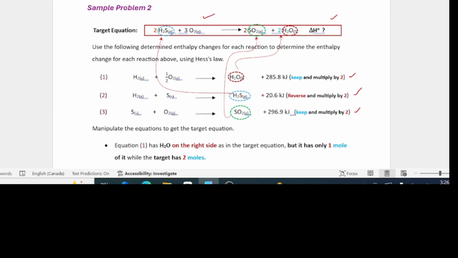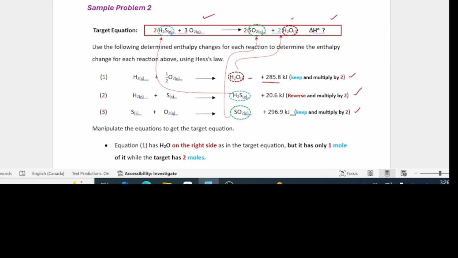So again, inspect these equations here to see what species are present in them and what is present in the target equation. We can see that water is present here, and water is also present here, but this has only 1 mole of water. So what do you think we should do? We multiply everything by 2 and also multiply the energy term here by 2.